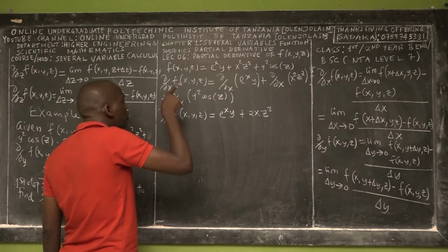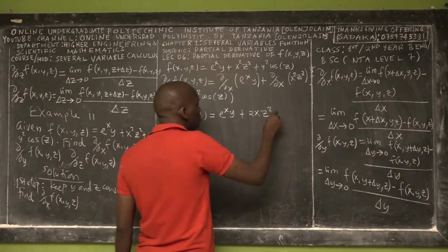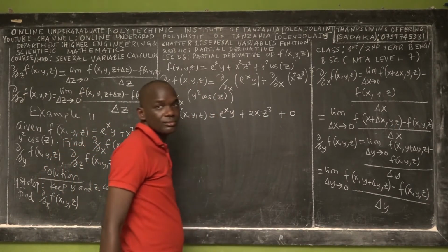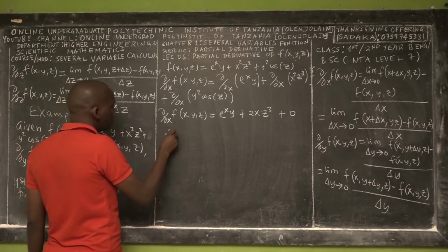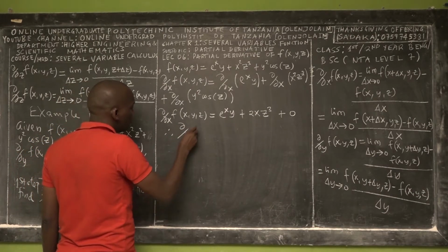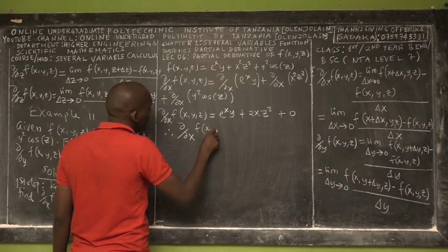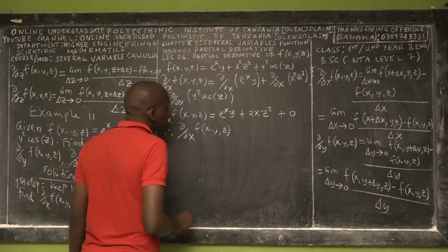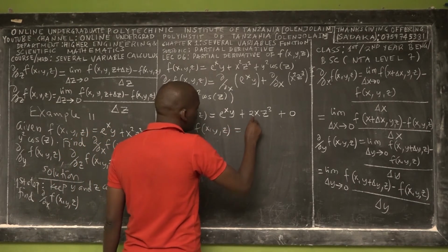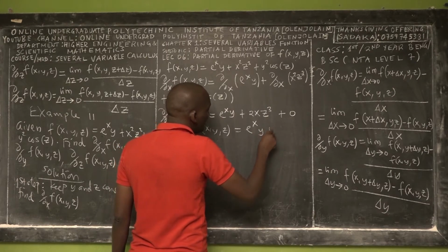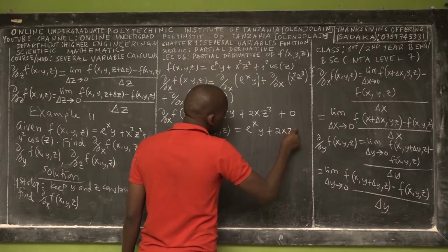When you differentiate a constant with respect to x, the answer is 0. Therefore, the partial derivative of the function f of x, y, z with respect to x is y e to the power xy plus 2x z cubed.